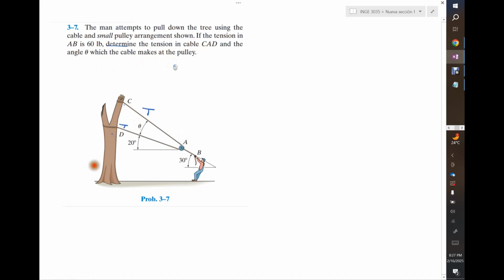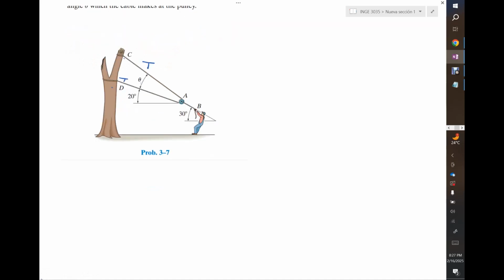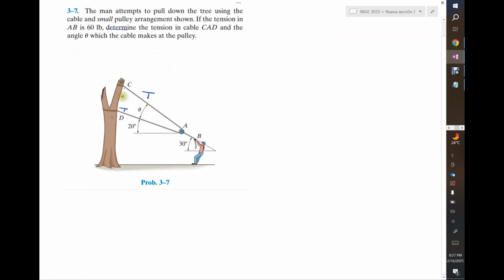Perfect. So one thing you have to understand, these are coplanar forces. I mean, it's only forces that I need to consider in Y and X. There's nothing else, and that's good. That makes life easier. And what we need to do is just do the free body diagram.